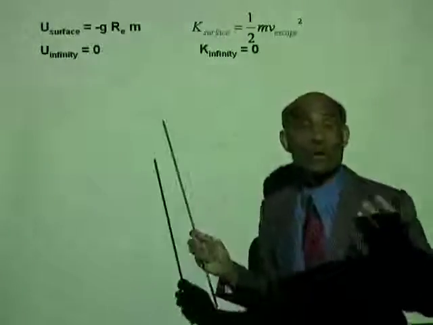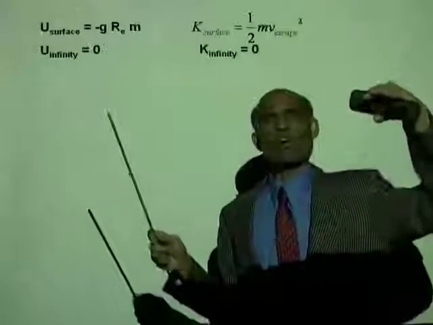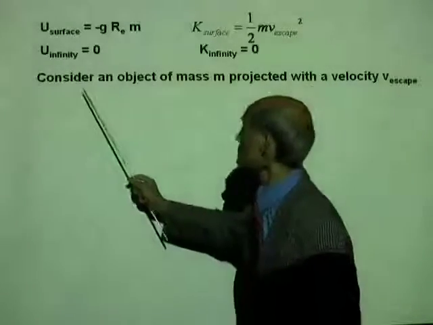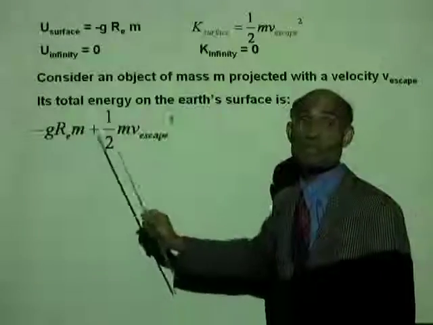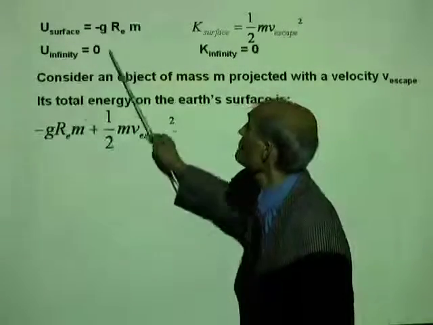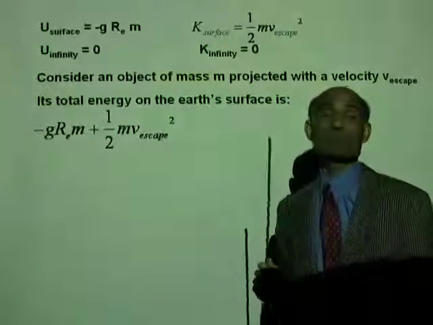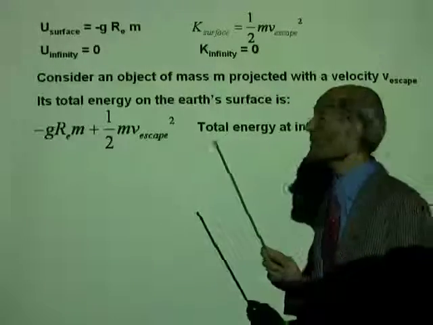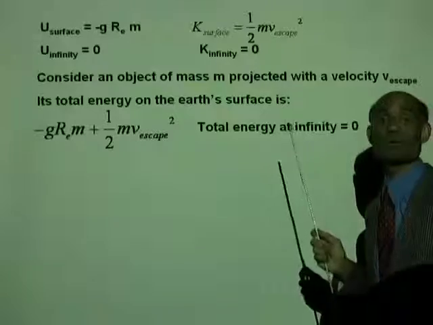Its kinetic energy also will be zero, because the velocity is just enough for it to reach infinity. That means its total energy on the surface of the Earth will be negative GREm plus 1/2 m V escape squared. This is the total energy on the surface of the Earth. And total energy at infinity is equal to 0.